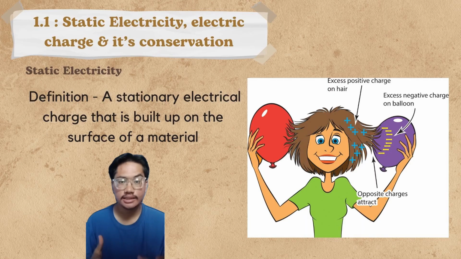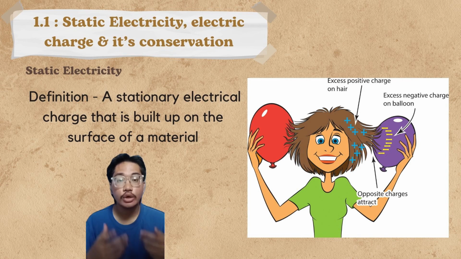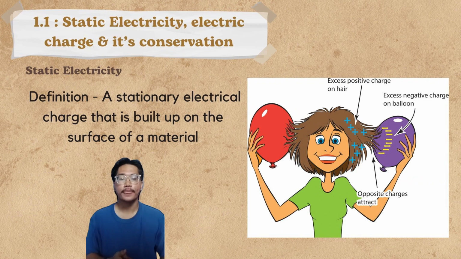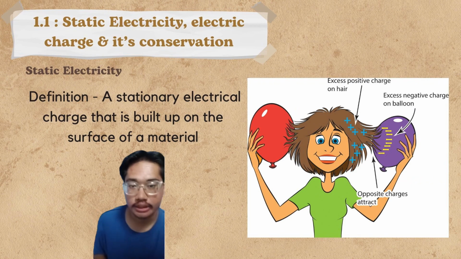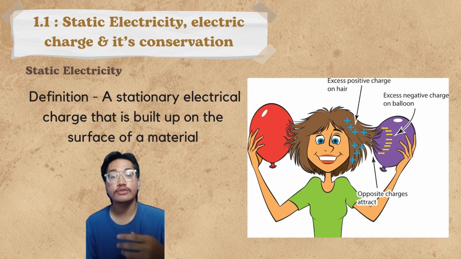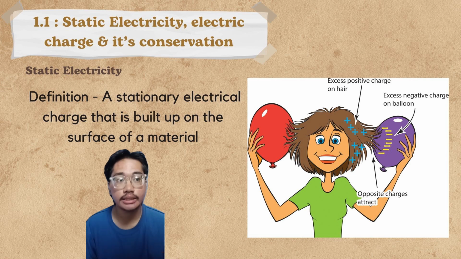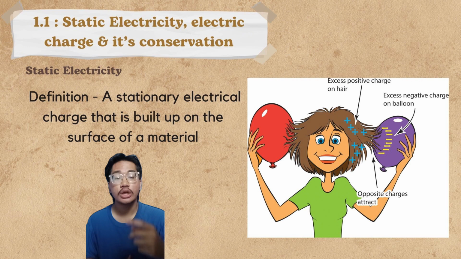What is static electricity, electric charge, and its conservation? Okay, the first thing is static electricity. The definition of static electricity is a stationary electrical charge that is built up on the surface of a material.